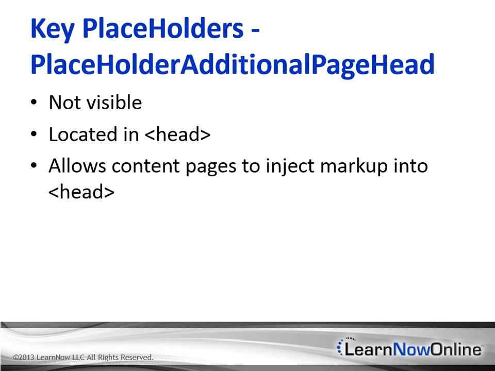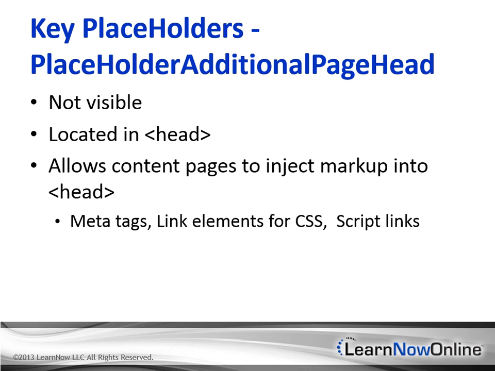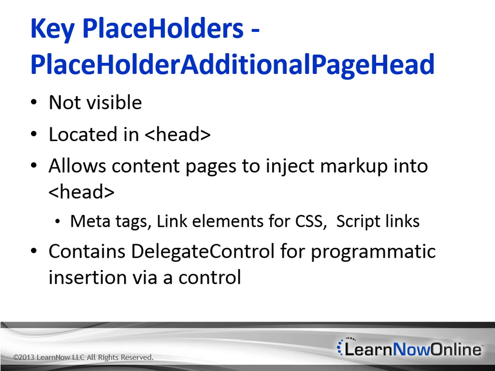It could even be meta tags. In SharePoint there's also a delegate control for programmatic insertion via control. That would mean you could use a feature receiver, and when your feature is activated, it could dynamically change the control that's in the delegate control.